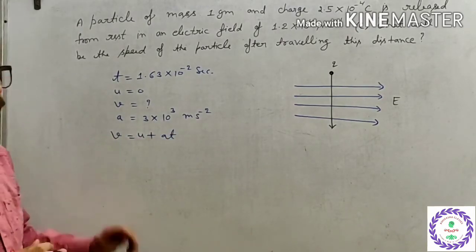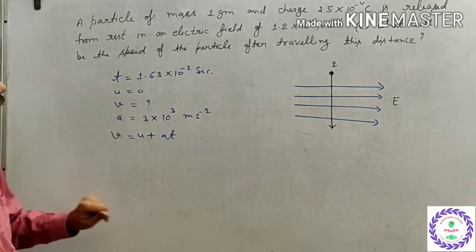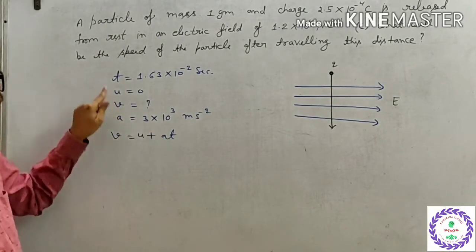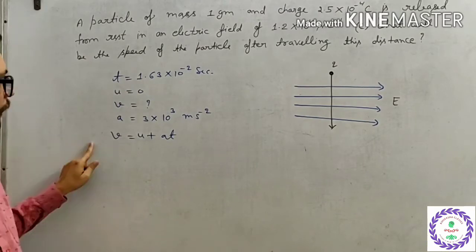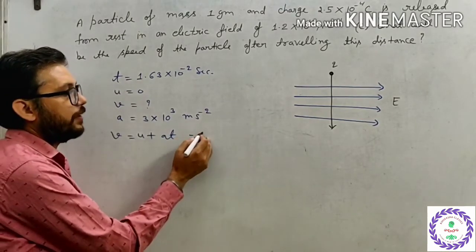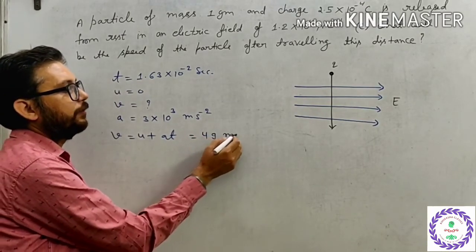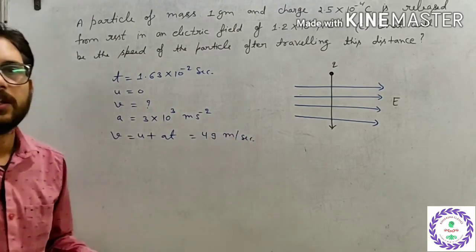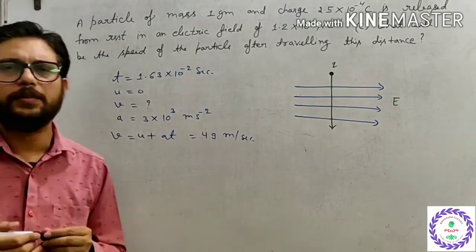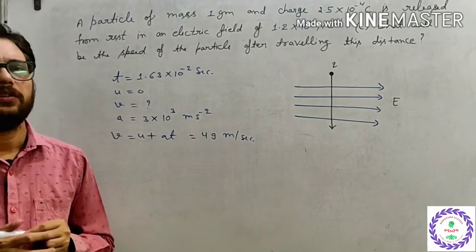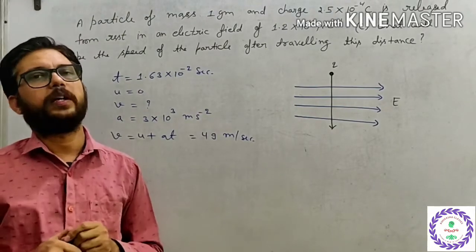If we apply this equation, with u = 0, a and t as given, and solve, we get the answer as 49 meter per second. So this is the quite easy part of this question. Now we will discuss the fourth part of this question.